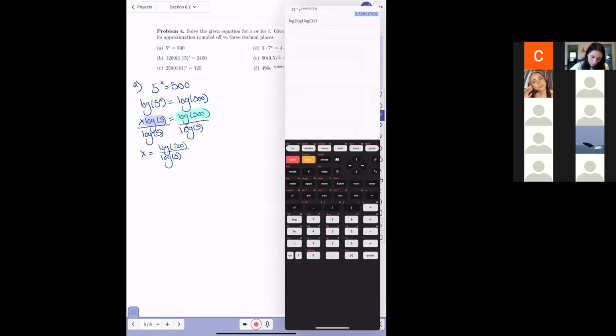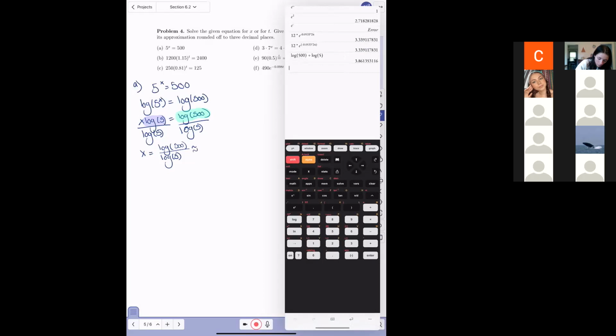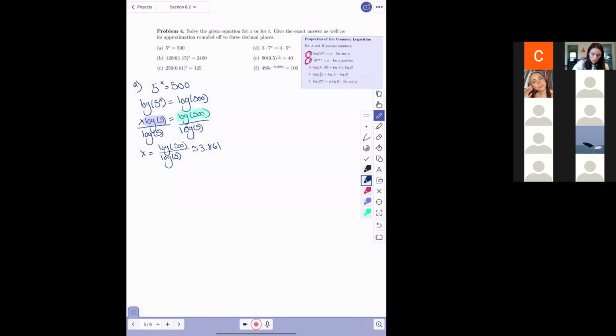Okay, so log of 500, move outside of the parenthesis, divided by log of 5 equals about 3.861. Okay. Just for the sake of time, I'm not going to plug each of those into the calculator. If you have calculator questions, I'd gladly stay after with you.